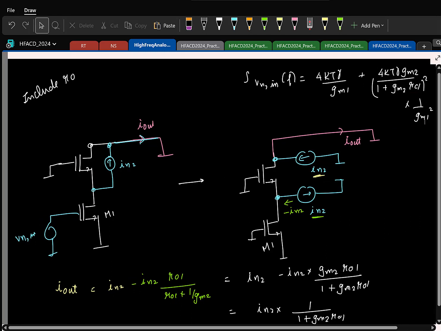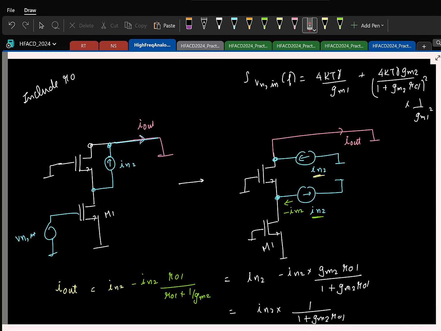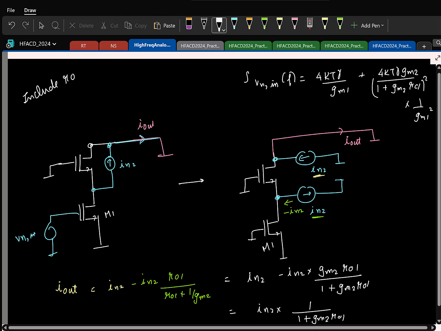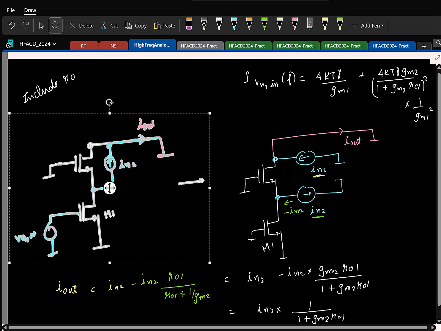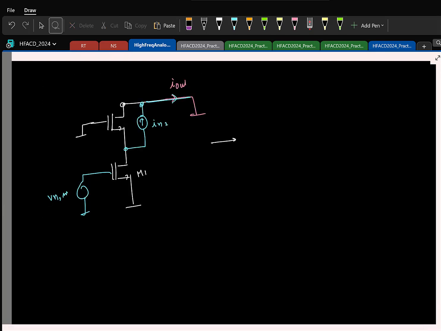Okay. So again, take it as an exercise and repeat the same thing by considering the noise as a voltage source here. So what I'm saying is, let me clean it up. Find the noise contribution due to M2 by modeling the noise due to M2 as a voltage here.